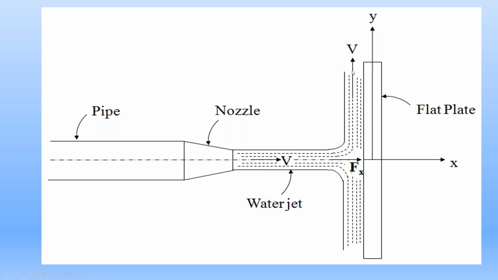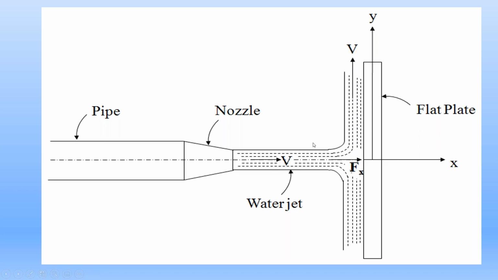With horizontal, the final velocity is making an angle of 90 degrees, theta equal to 90 degrees. So the component of final velocity in the horizontal direction is v cos 90, that is equal to 0. So in this impact, the initial velocity v is in the direction of the force Fx. Since the final velocity v is in the vertical direction, the component of this final velocity v in the direction of force Fx is 0.